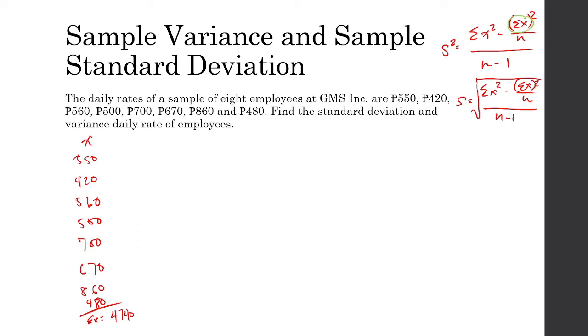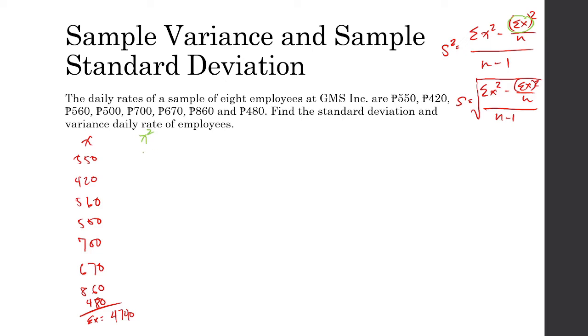Ang next na lang natin kailangan gawin is to get the summation of the x squares. Ang gagawin lang natin for that, we just need to square all of the x's. Karirin natin. So we have there 550 squared, so that's 550 times 550.